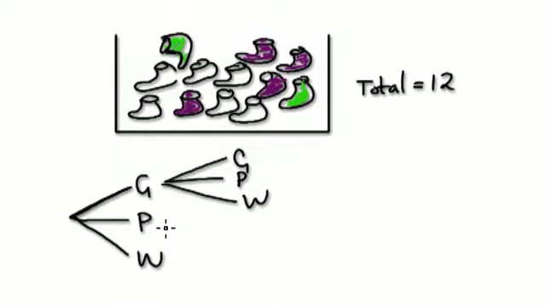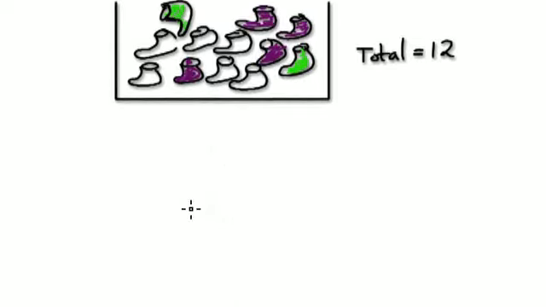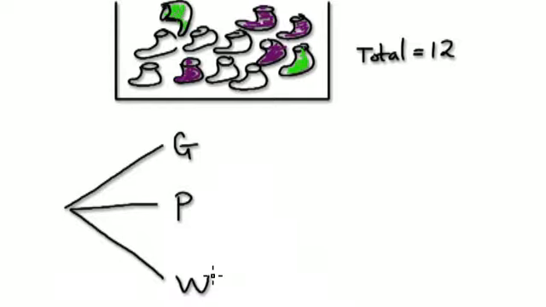Okay, and then let's go back in time. Let's say you've just picked out a purple sock. Well, on your second pick, hang on, let me draw this again. I need more space here. So it could be green, it could be purple, or it could be white.